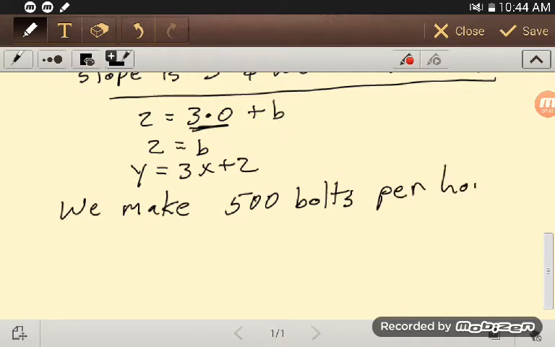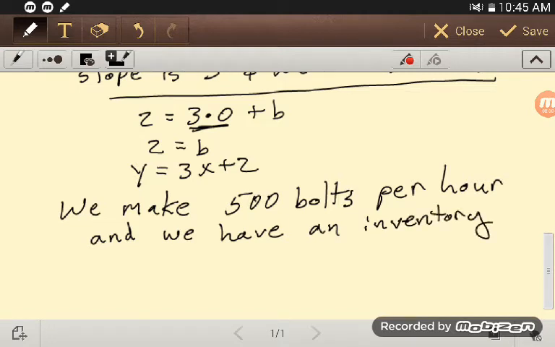Now, I'm sure that's actually way too low a number, but we make 500 bolts per hour, and we have an inventory of, we'll go with 5,000 bolts at 3 hours.